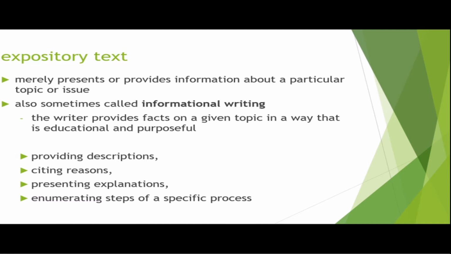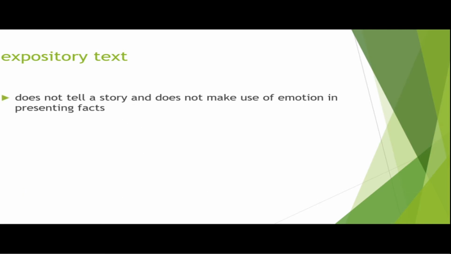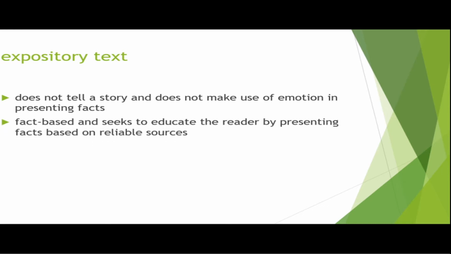Unlike in narrative writing, an expository text does not tell a story and does not make use of emotion in presenting facts. It is fact-based and seeks to educate the reader by presenting facts based on reliable sources.